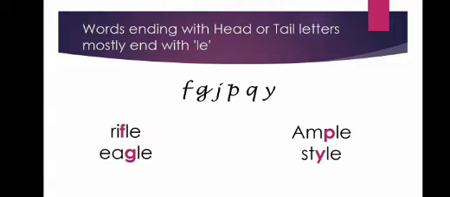Eagle, G is a tail letter. Ample, P is again a tail letter. And style, Y is a tail letter. So the words that have a tail letter usually end with the letters LE to make the L sound. Rifle, eagle, ample, and style.